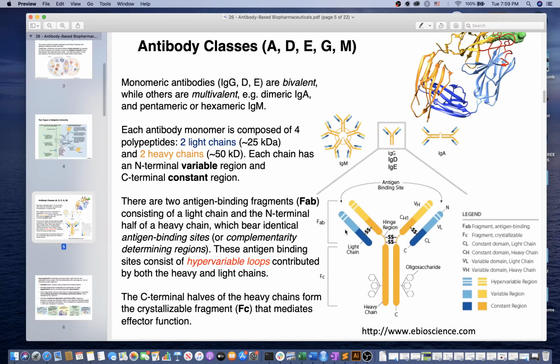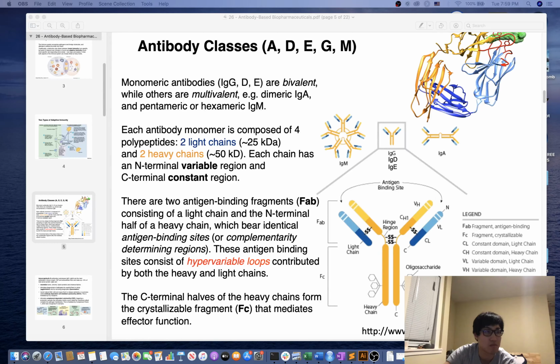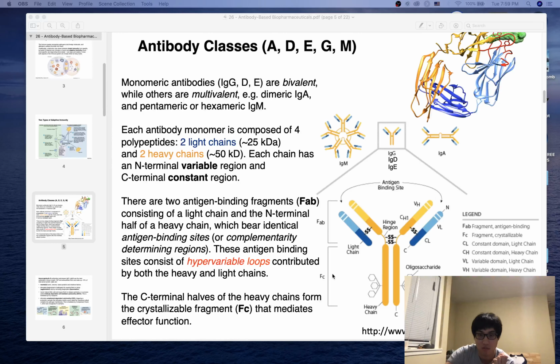So that is from a structure view, a molecular view. These two are different molecules, but they are covalently linked. But from the function view, they call it Fab domain and FC domain.